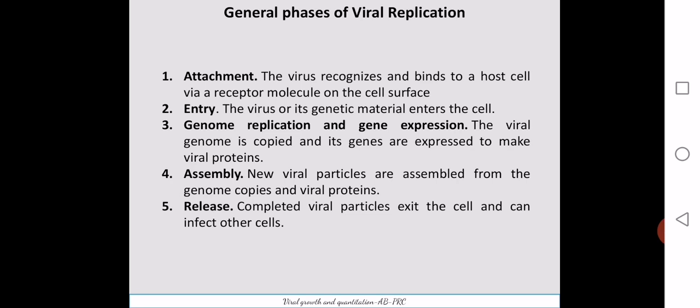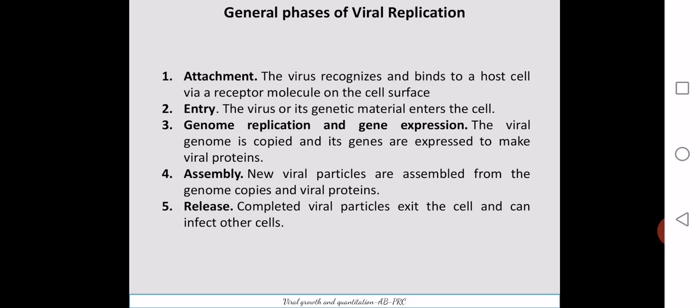host cell first. So the replication process begins with attachment. The viral particles need to attach onto a host cell, and this attachment is facilitated by the presence of receptor proteins, usually like the spikes and other receptors on the viral particles.